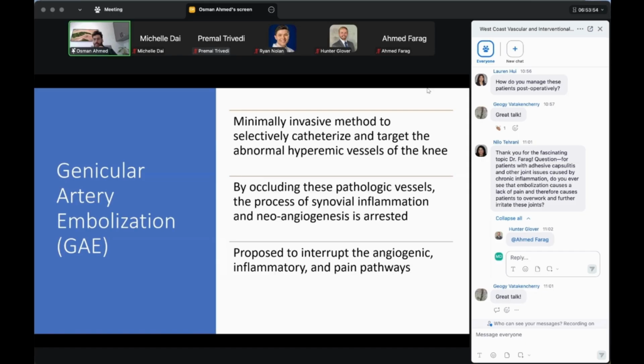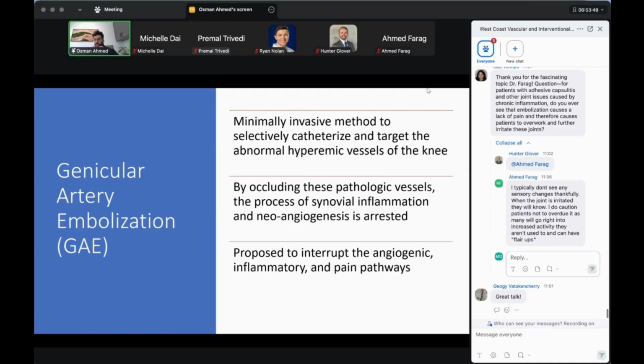The idea is that if you embolize these pathologic vessels, you can stop or slow down this synovial inflammation and neoangiogenesis process. You're interrupting that inflammatory cascade, and thus stopping the inflammation and the pain that comes with it.